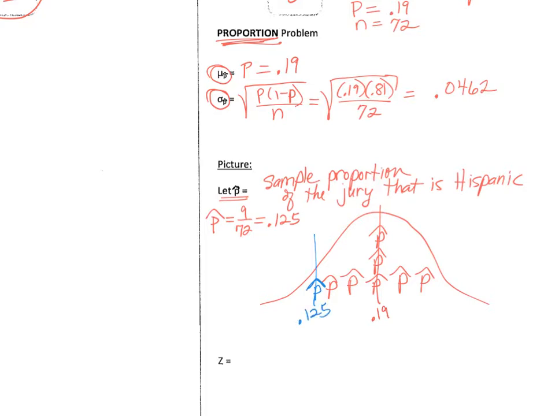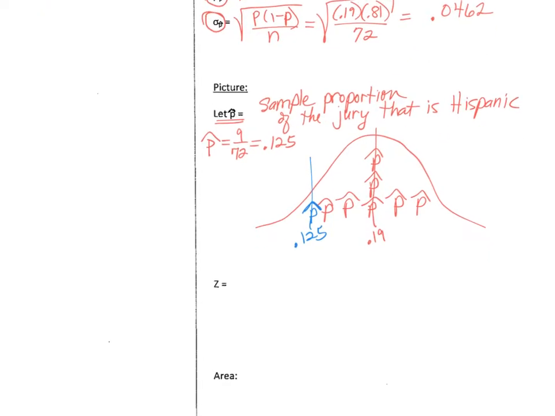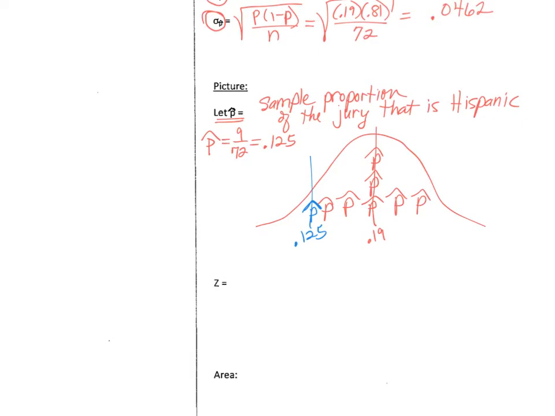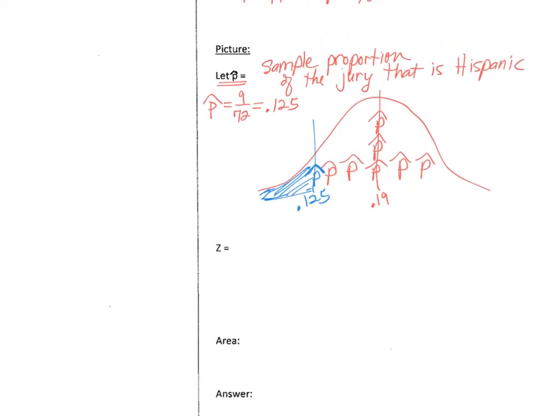0.125. And if it says, what's the probability that we have no more than that, which way do we shade? Then we will shade to the left. And so let's z-score that and then norm CDF. Okay? So it's not x minus the mean over standard deviation anymore. What is it?